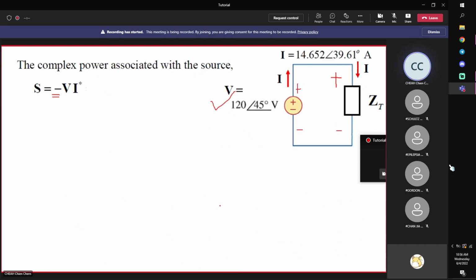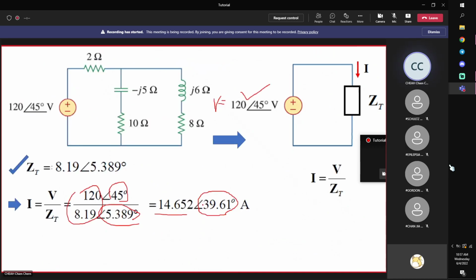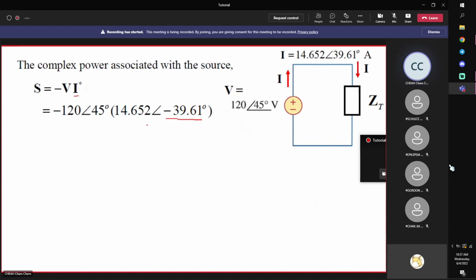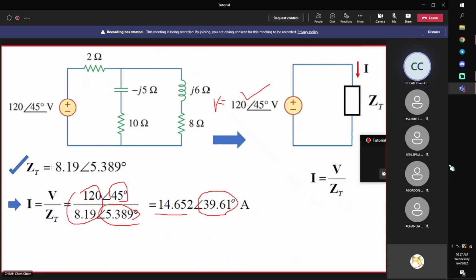So what you need to do is to take the complex conjugate of the current: reverse the sign, positive will become negative, before you multiply them together. Be careful, otherwise you are adding rather than subtracting the phase difference between your voltage and current.